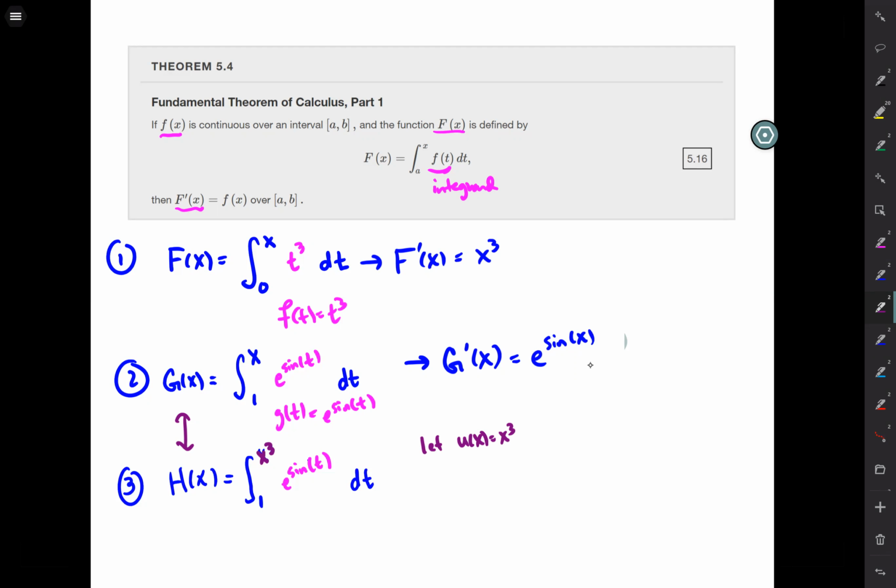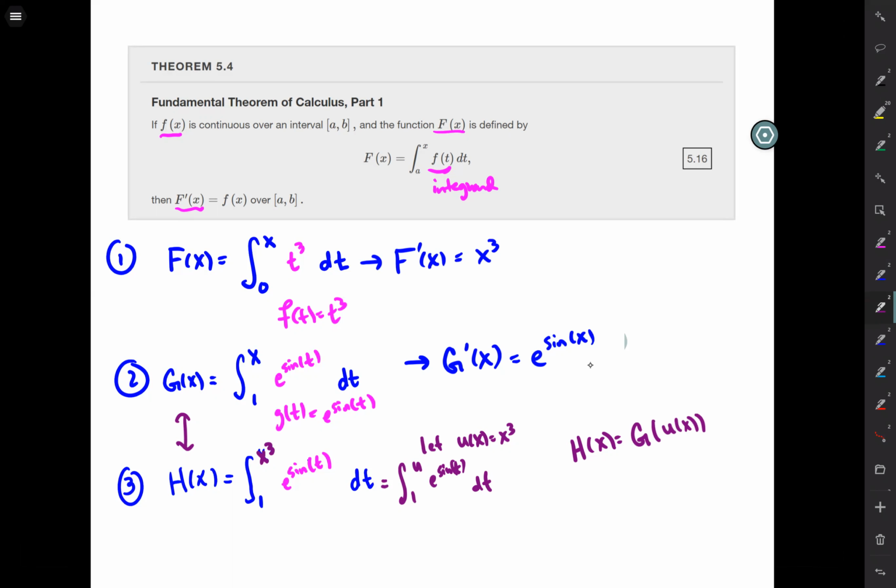Then this is just the integral from 1 to u of e to the sine of t dt. So what could I say then? I could say that h of x is just g of u of x, because this looks just like g now.